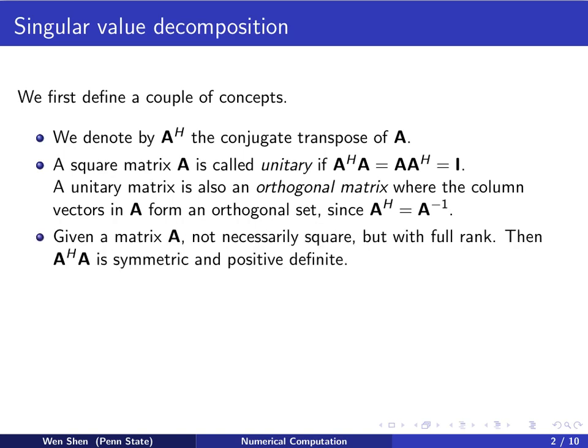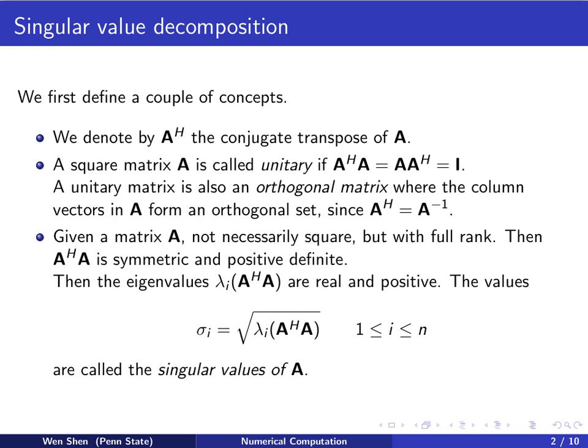Now, given a matrix A, not necessarily a square one, but with full rank, the product A^H times A is symmetric and positive definite. That implies that the eigenvalues lambda_i of this matrix will be all real and positive. And these are the values used to form something called the singular values.